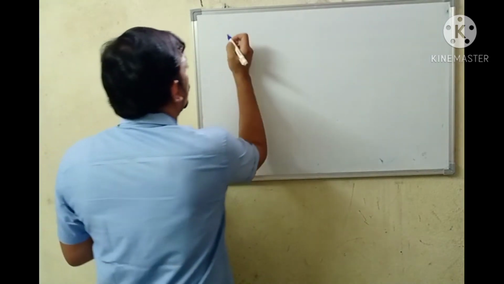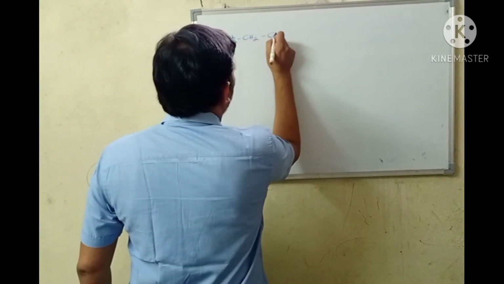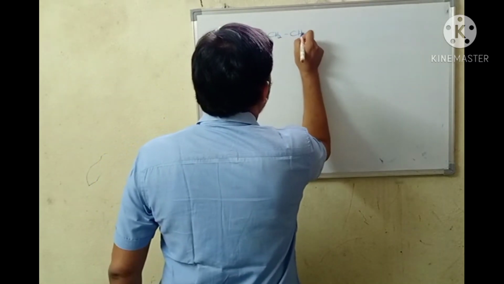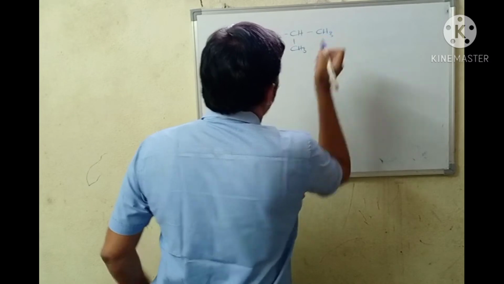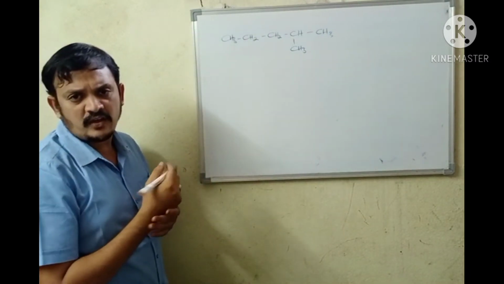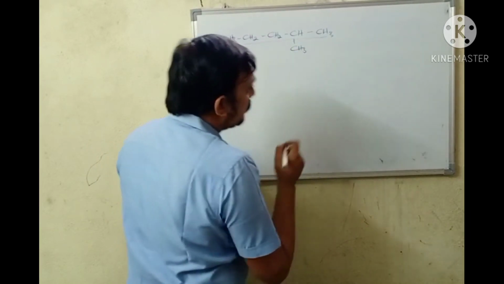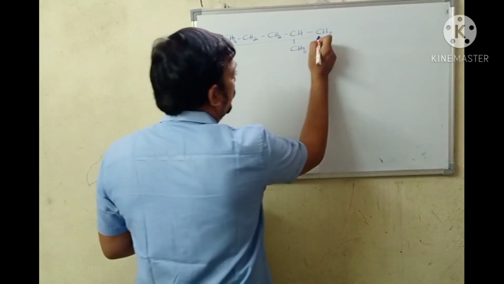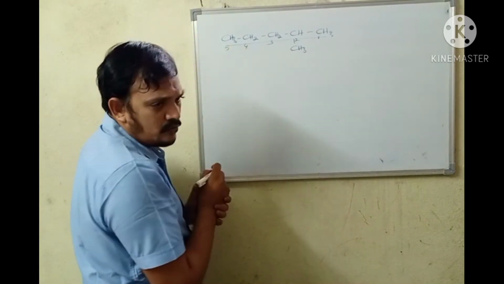Like this. CH3, CH2, CH2, CH, CH3, CH3. Like that a compound is there. You are asked to write the name of the compound. The parent chain is selected. Numbering of carbon atoms is done from right to left, 1, 2, 3, 4, 5.